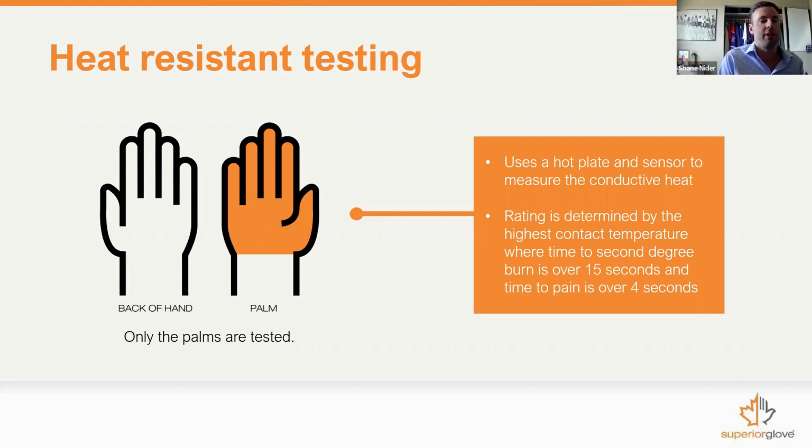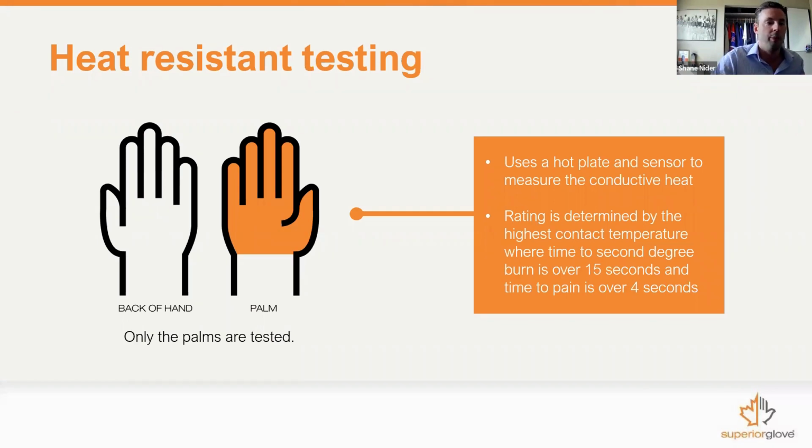We use a hot plate and a sensor to measure that conductive heat, and the rating is determined by the highest contact temperature where the time to second degree burn is over 15 seconds and time to pain is over 4 seconds. So again, how long does it take for me to handle that hot part before I start to feel that thermal breakthrough, before I say, okay, this is getting hot, I'm going to have to put this down?